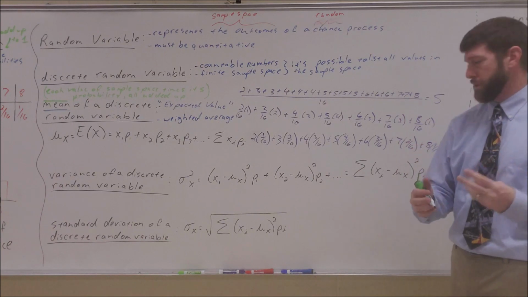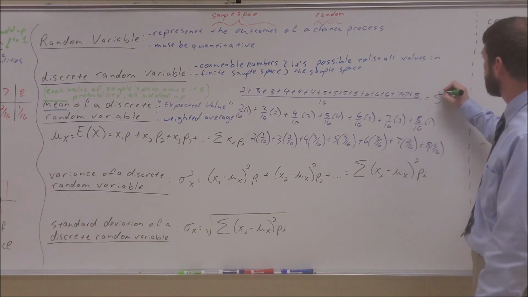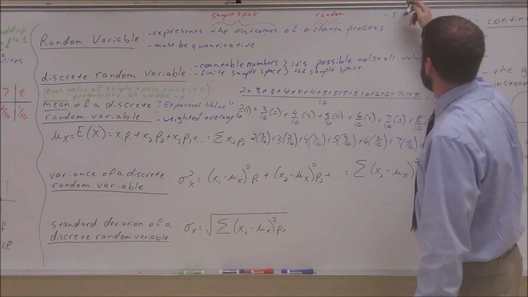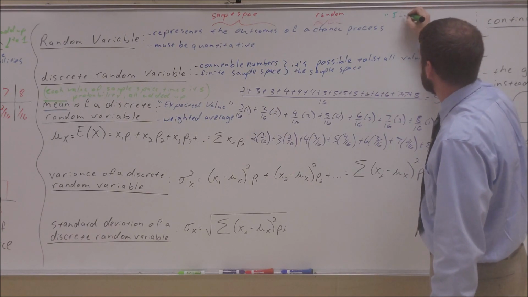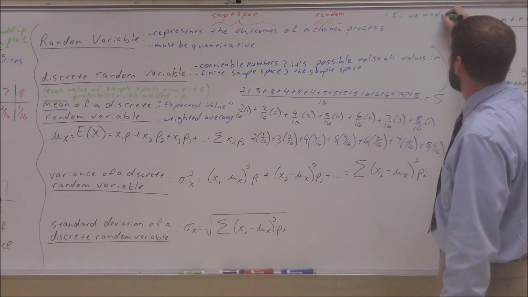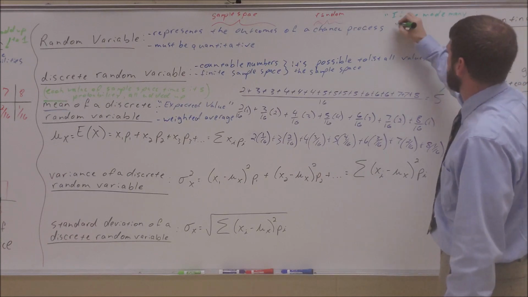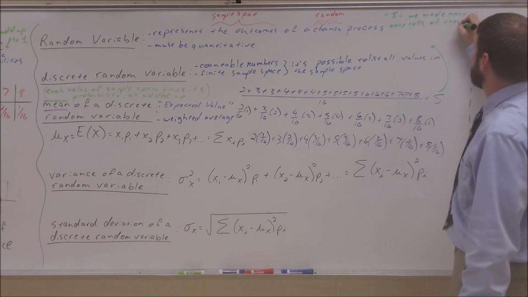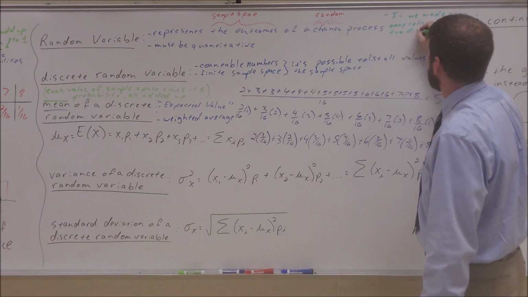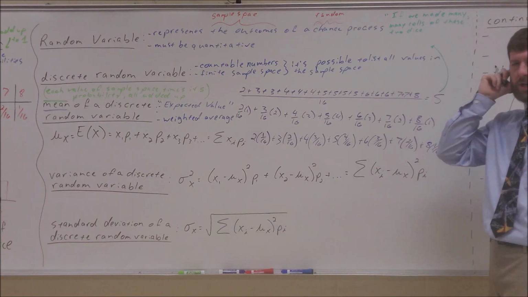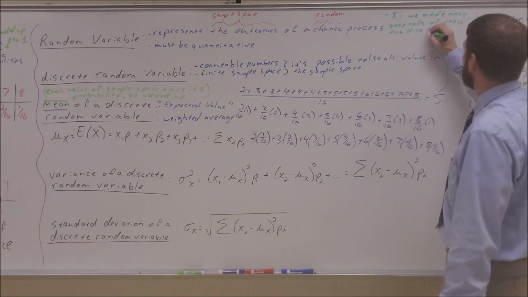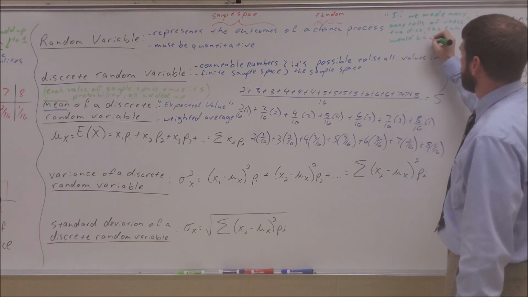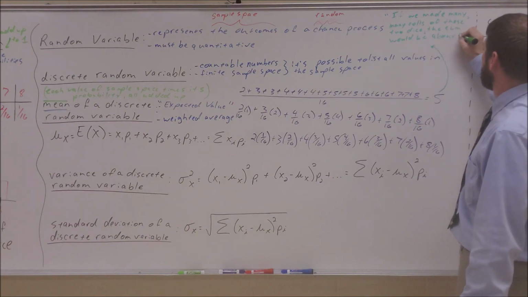So if we're going to interpret, because we're often asked to interpret what that means, that tells us that if we made many rolls of these two dice, then the sum would be about 5 on average.